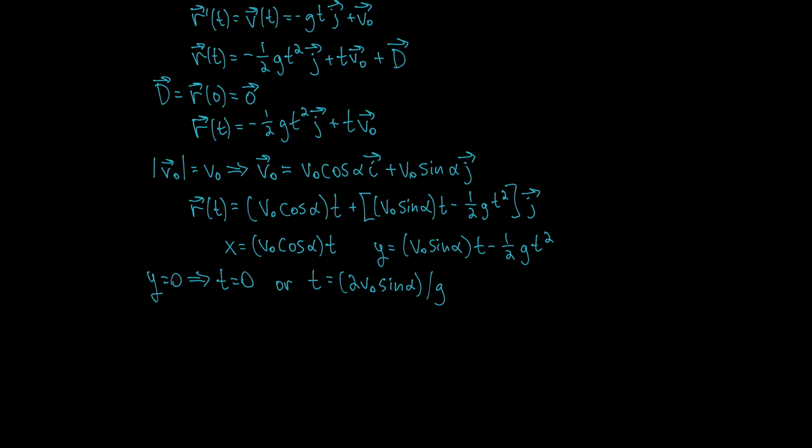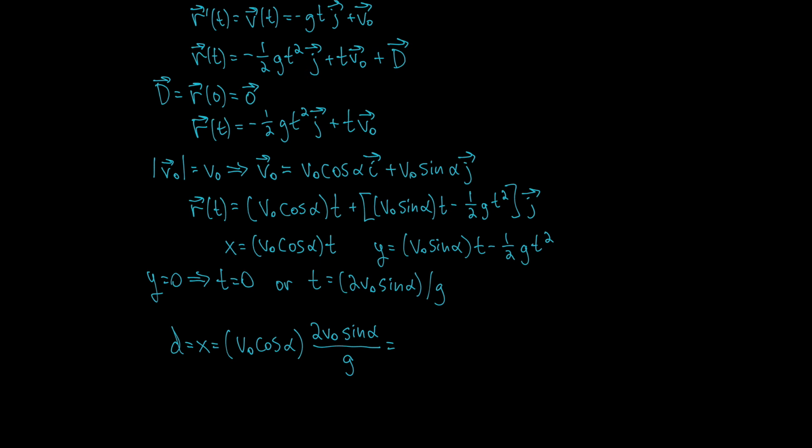Because if you plug that in, then everything cancels over here. So that means that our distance d, which is our x value, is v naught cosine alpha, and then times this t value of 2 times v naught sine alpha over g.